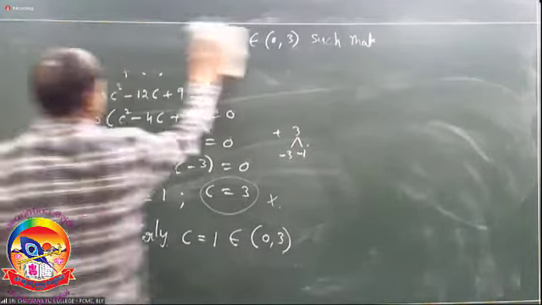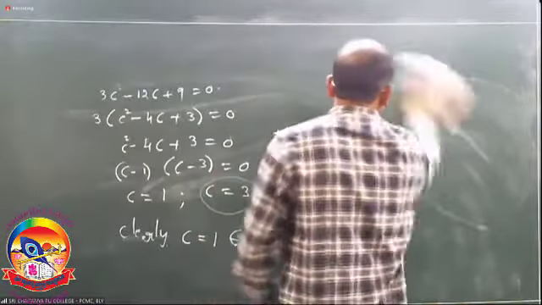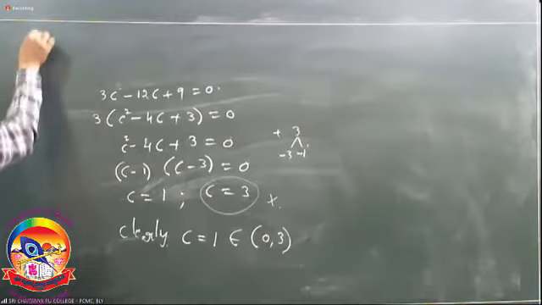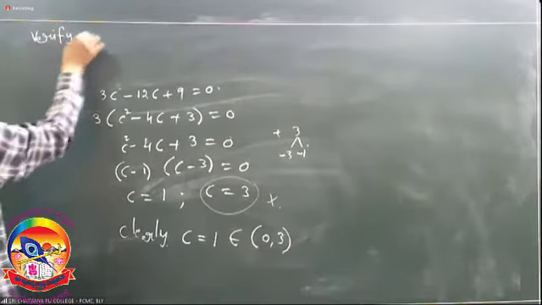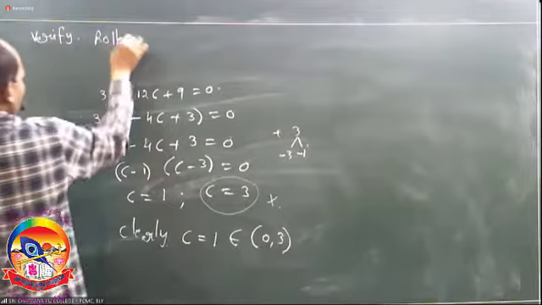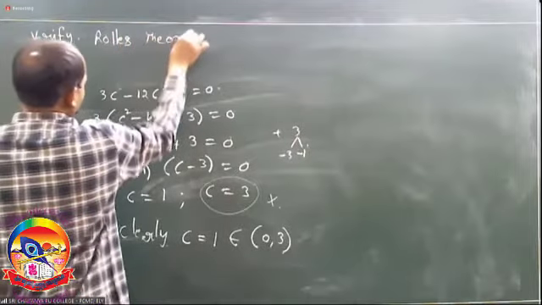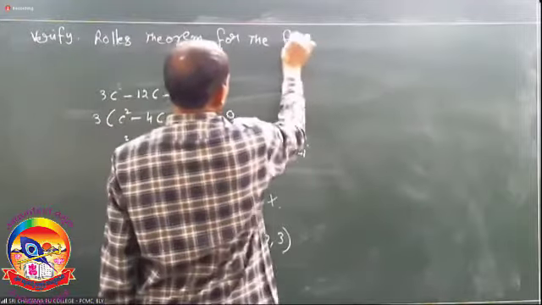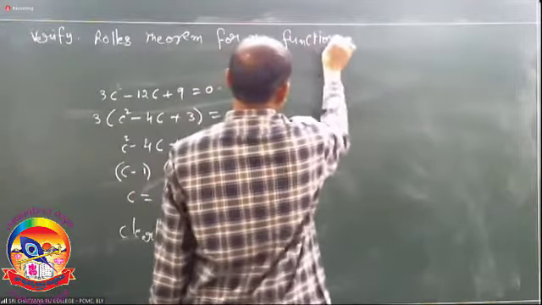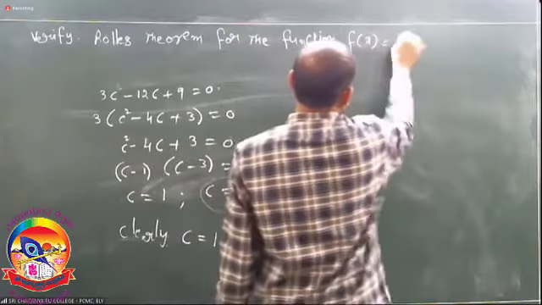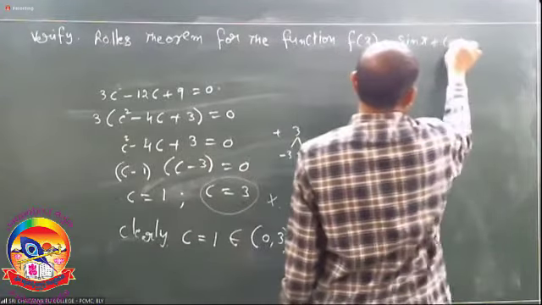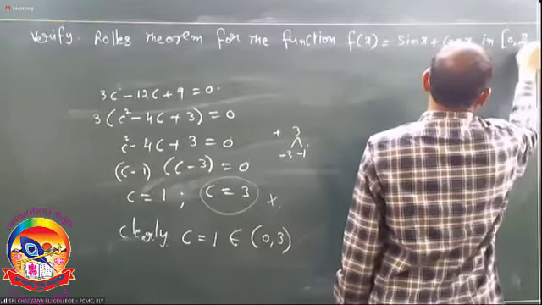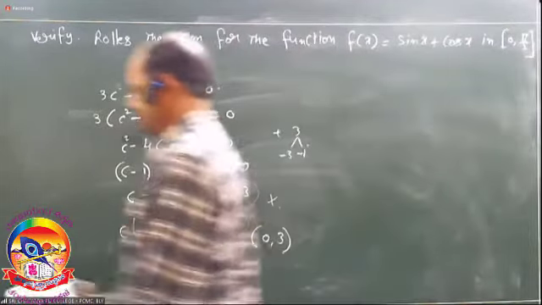Right, next. Verify Rolle's theorem for the function f of x is equal to sin x plus cos x in 0 to pi by 2.